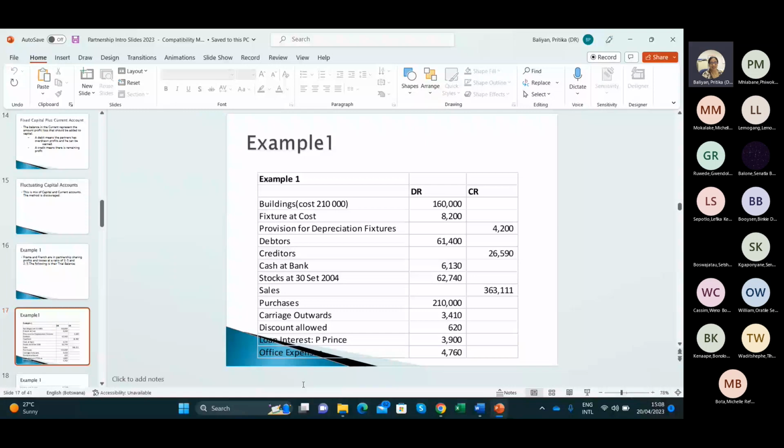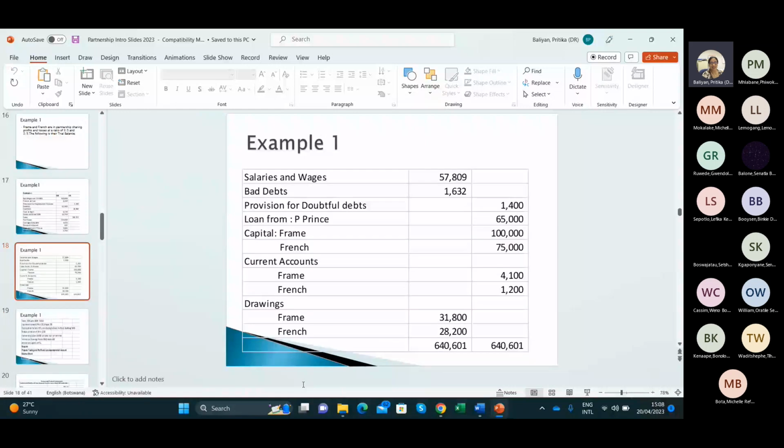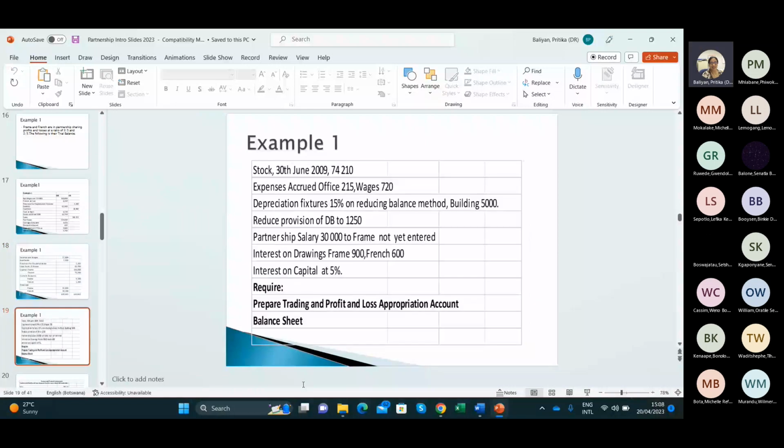So all these are information we use to prepare the income statement and the statement of financial position. But with the details of capital and the current account and the drawing account, we can also prepare the partners' capital account and the current account.